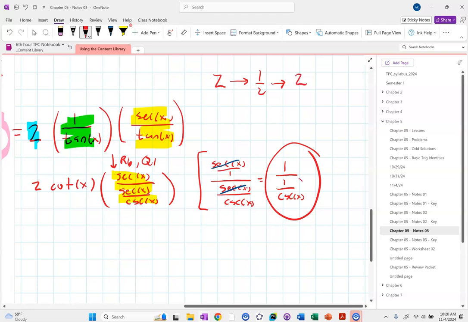So what's the reciprocal of cosecant? Cosecant, right? And what's the reciprocal of the reciprocal? Cosecant, right? So this is just going to be like doing nothing at all. And guess what? That is exactly where we needed to land, right?